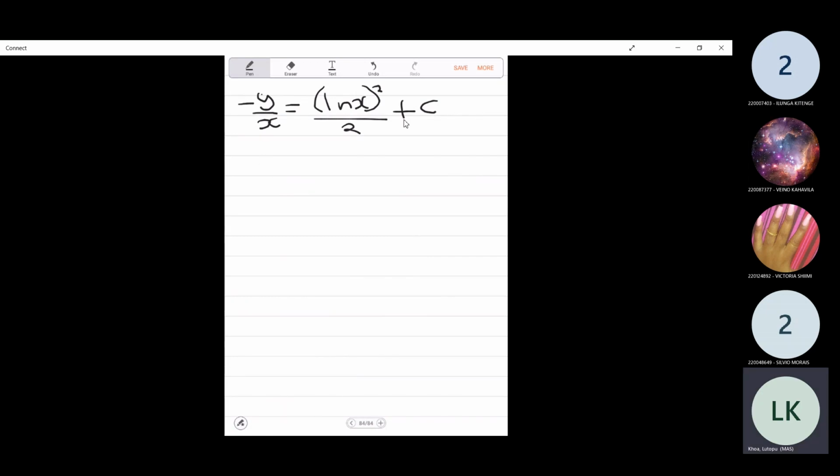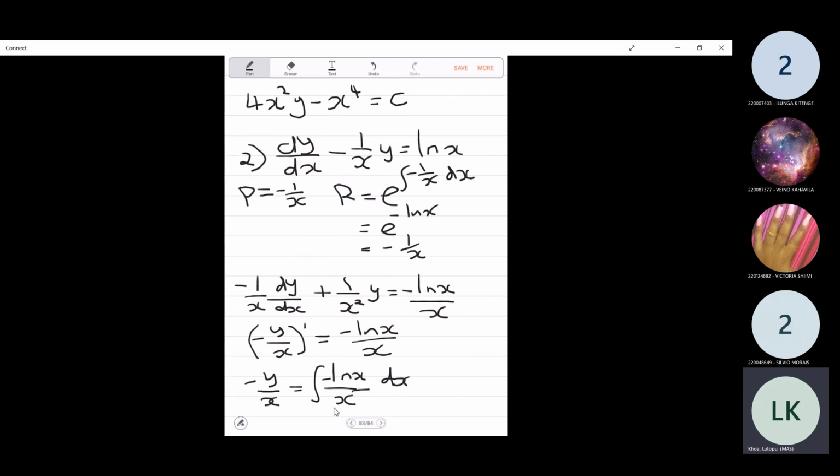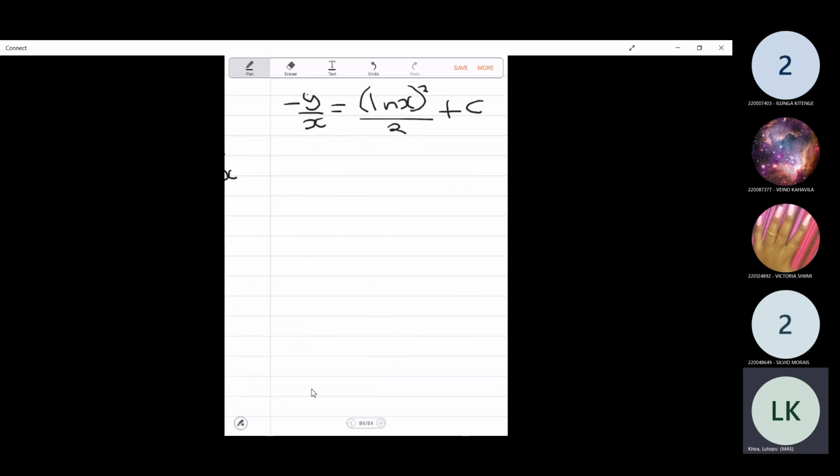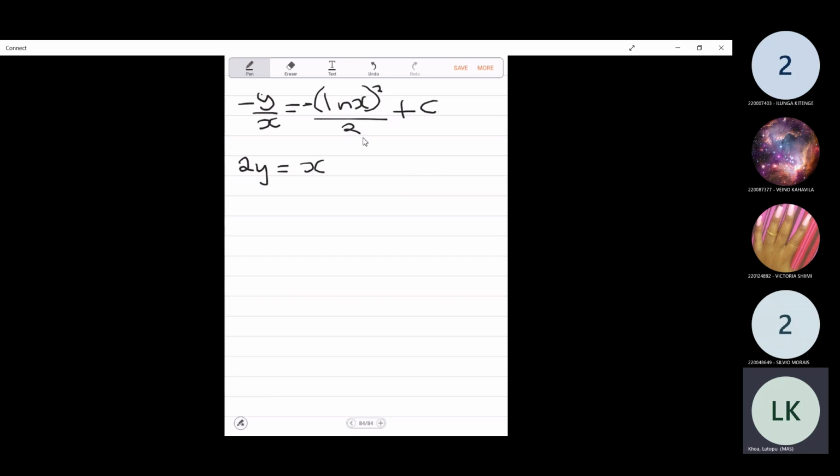Okay, then you can multiply out your denominators, so that will leave us, sorry, there's a negative here that I took out, so there should still be a negative here. And then we multiply by 2x, or negative 2x, so this will give me 2y is equal to x ln of x squared plus cx.